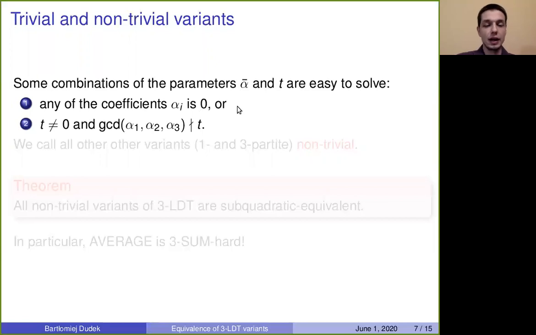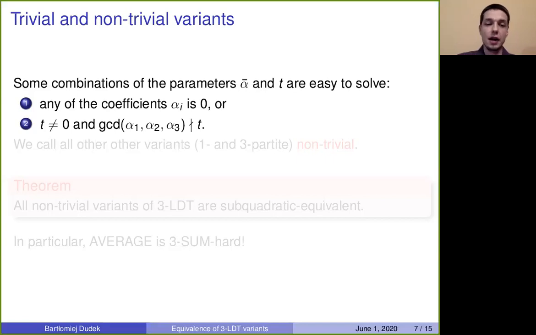And the other variant that is easy to solve is when t is not 0, but the greatest common divisor of these parameters alpha 1, alpha 2, and alpha 3 doesn't divide t. Because then, as we operate on integers, we clearly have negative answers.